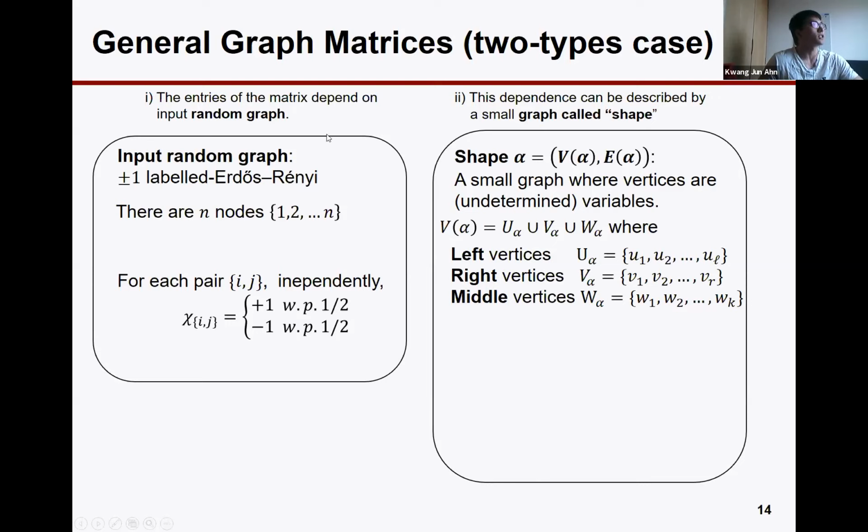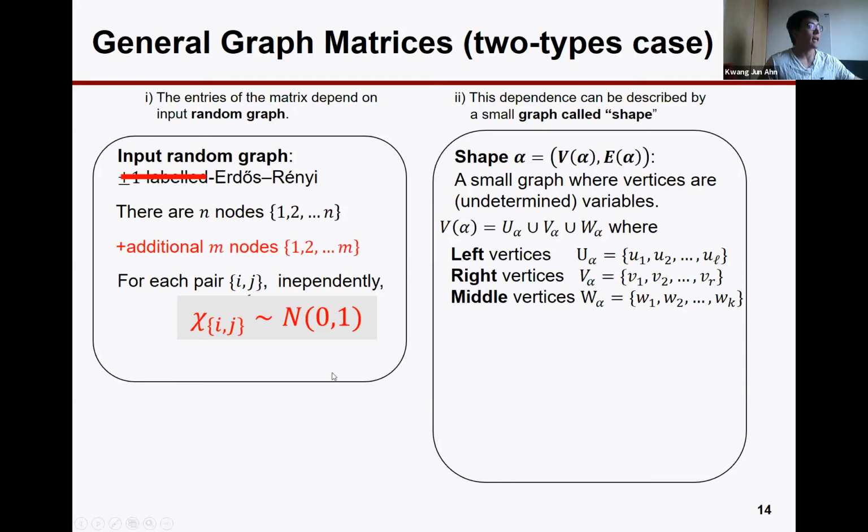For this random graph, instead of having plus or minus one variables, because there are a lot of applications with Gaussian random variables, now we allow them to be Gaussian, for example. And in order to capture those diamond vertices, we consider m additional nodes in the input random graph.